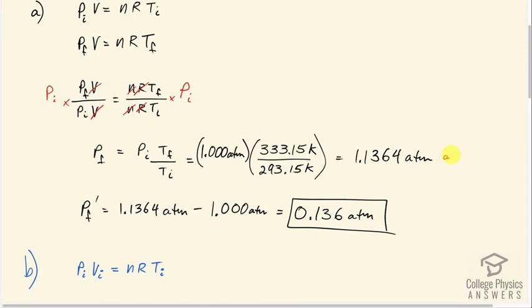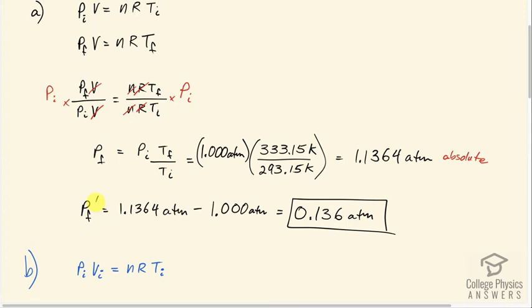Now this is an absolute pressure, because that's what we always get in this ideal gas formula. And the question is asking us, though, for the gauge pressure. So I'm indicating gauge pressure with this prime symbol.